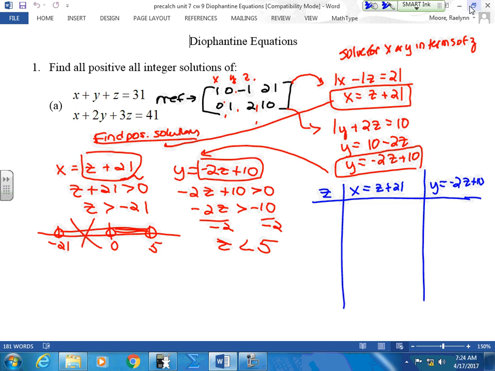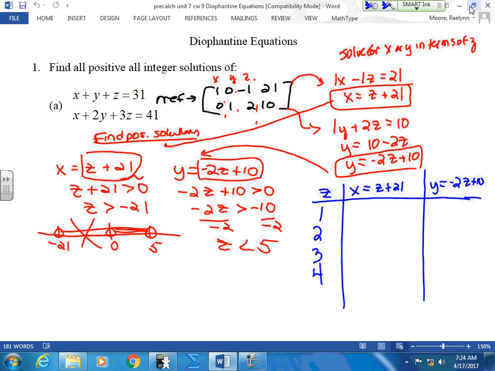And your z value is what falls on that number line in between. Those are your values of z that we want. Remember, we only want positive integers. So I can't use a 0. I can use a 1, a 2, a 3, a 4, but I can't use a 5 because it says less than 5. So these are my possible answers.